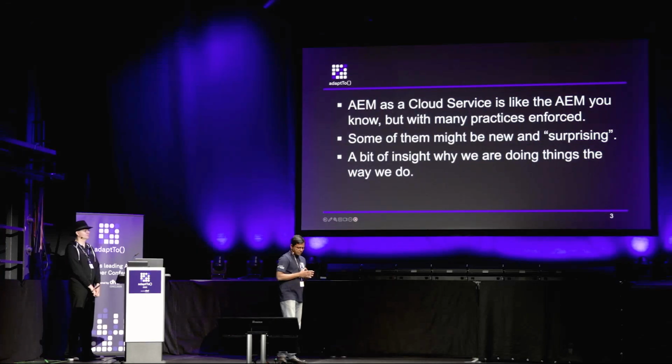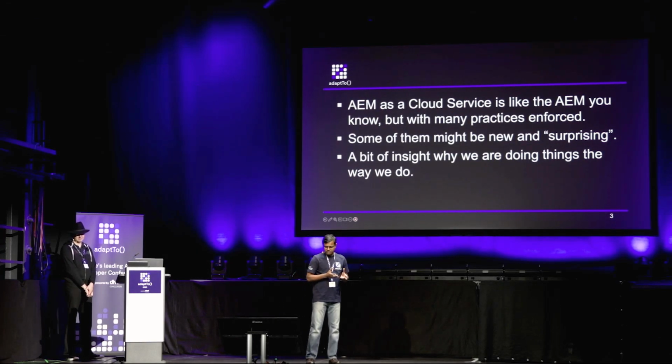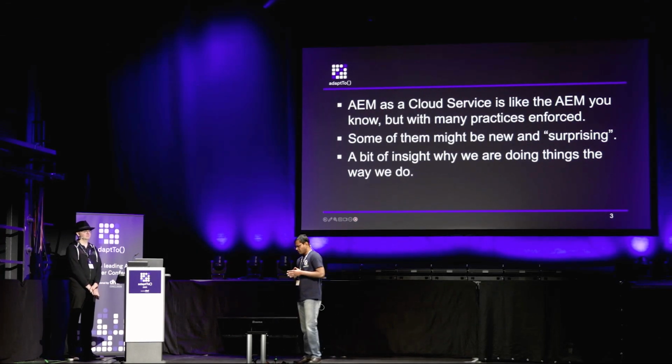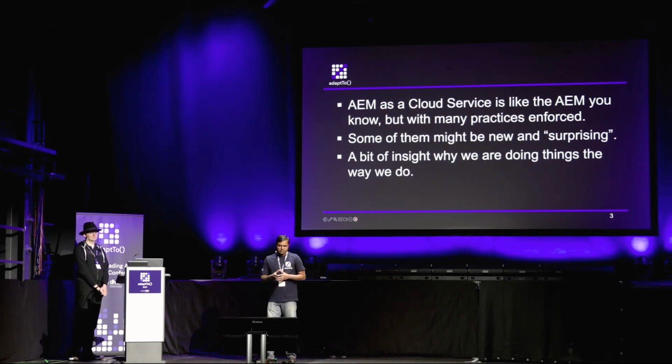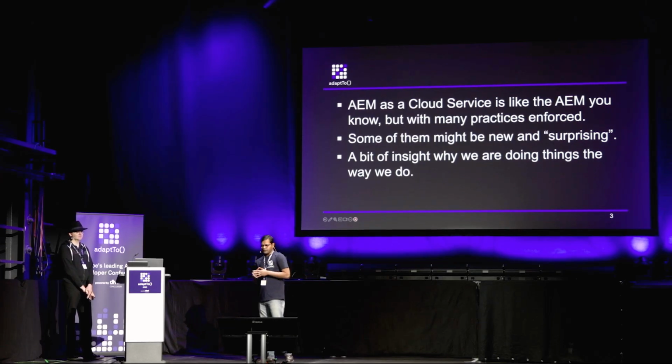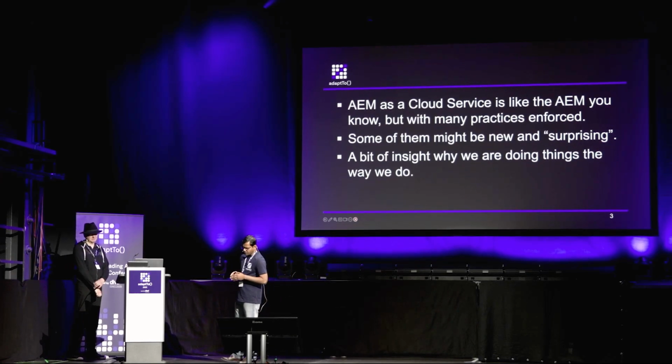All the configuration changes must go through Cloud Manager deployment. Also, there is limited access to OSGi configurations, and server scaling is handled automatically. The entire infrastructure is managed by Adobe.